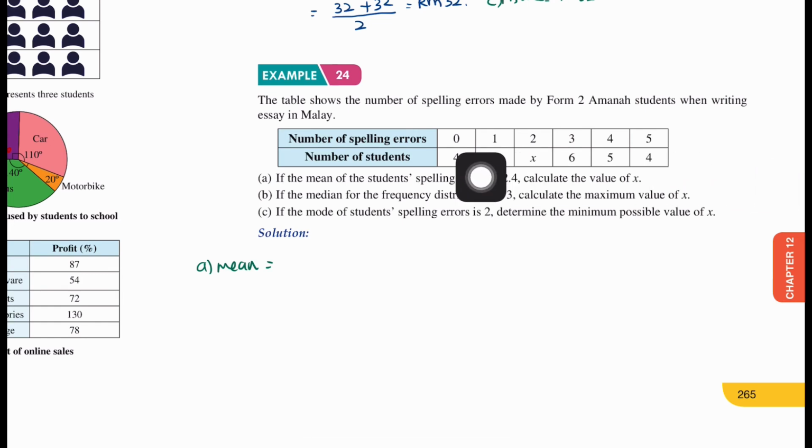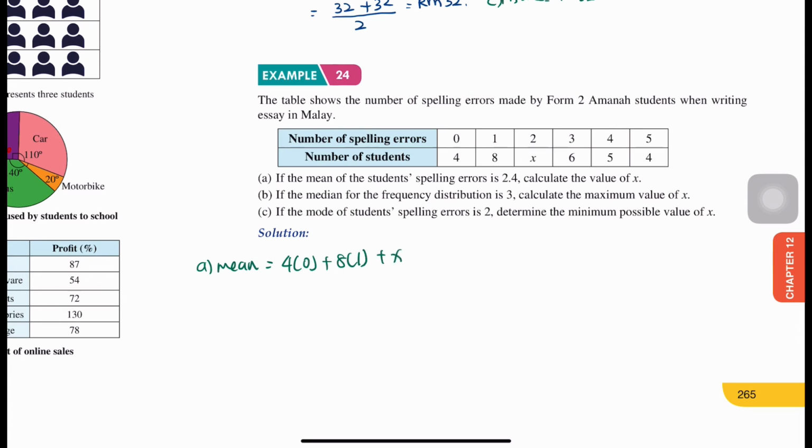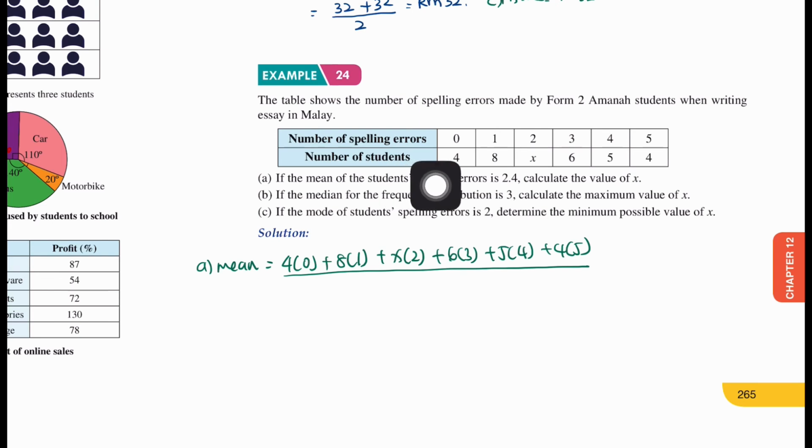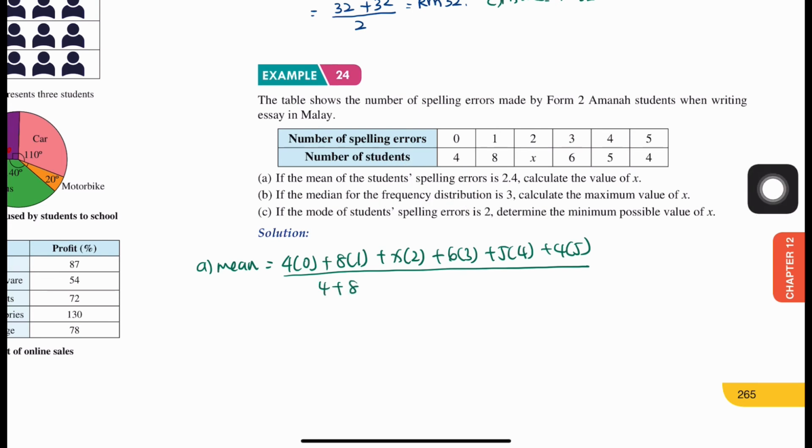So ambil frekuensi dulu: 4 times 0 plus 8 times 1 plus X times 2 plus 6 times 3 plus 5 times 4 plus 4 times 5, divide by total number of students. So we have 4 plus 8 plus X plus 6 plus 5 plus 4, and this value is actually equals to 2.4.